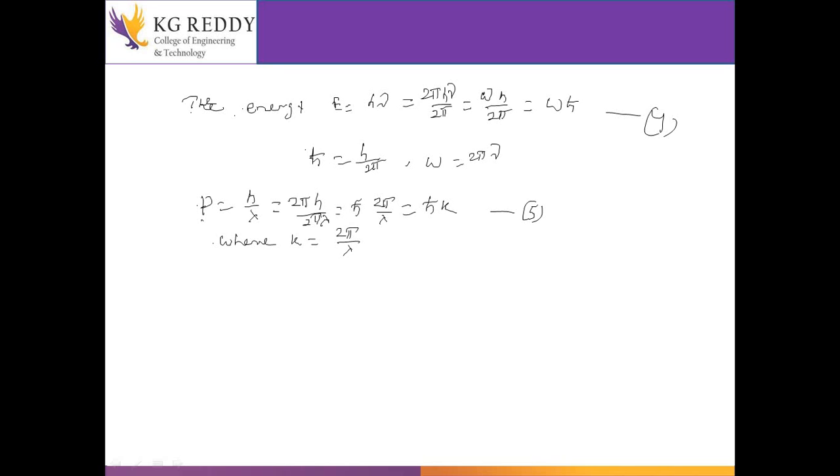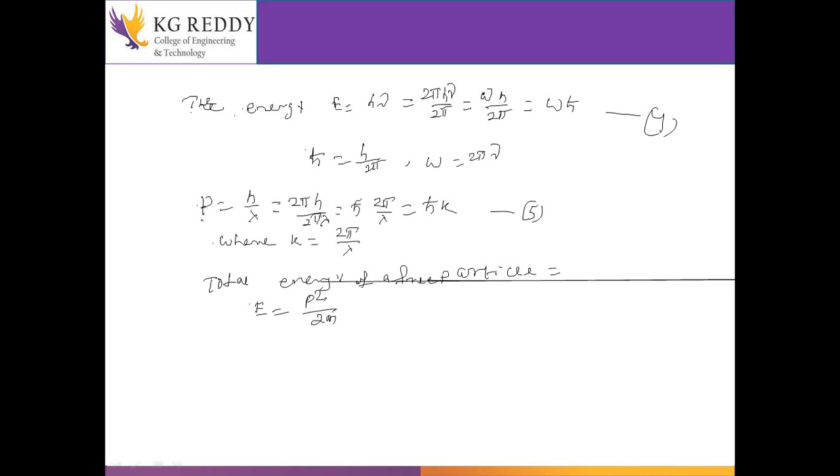Next, the total energy of a free particle. We know the equation. The total energy of a free particle is E equal to P square by 2m in terms of momentum.